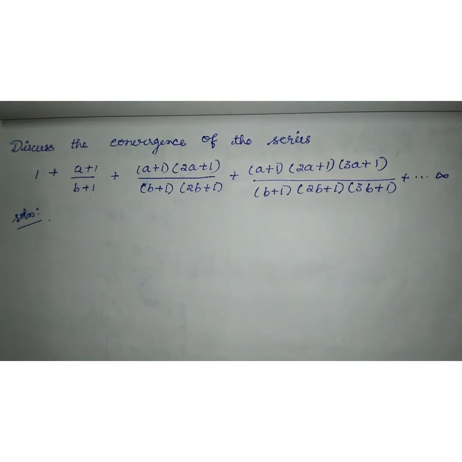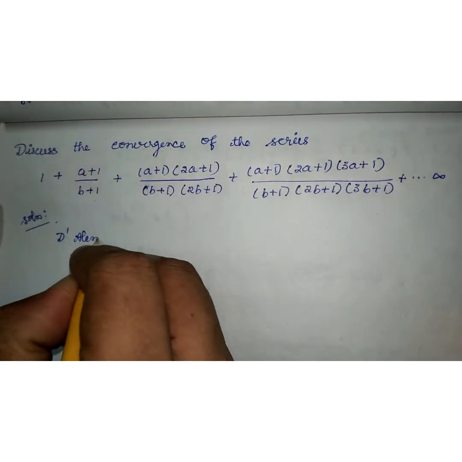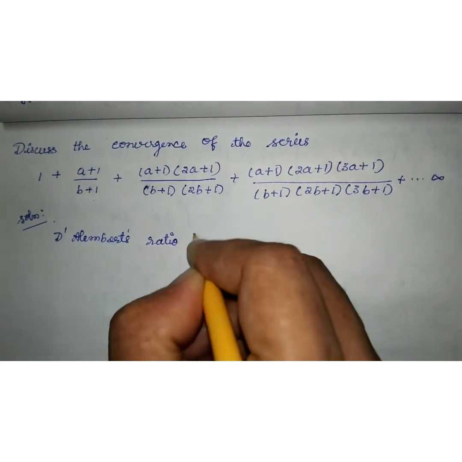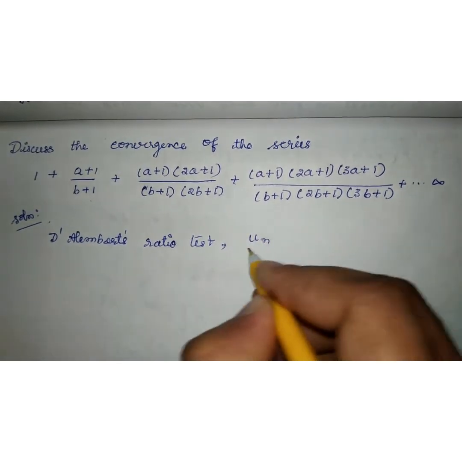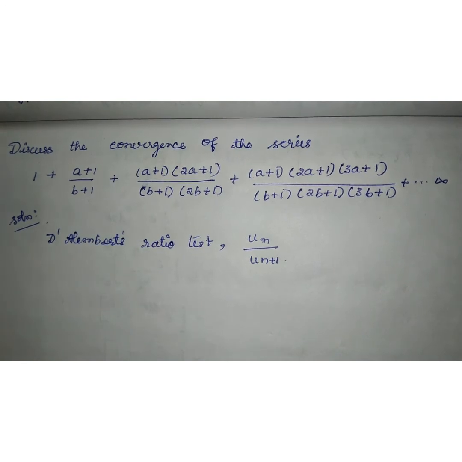Since we are using D'Alembert's ratio test, we need to find the quotient un by un plus 1.